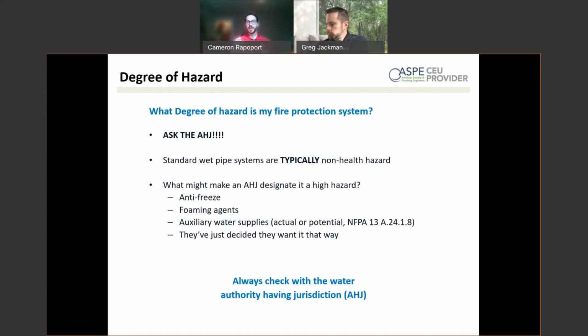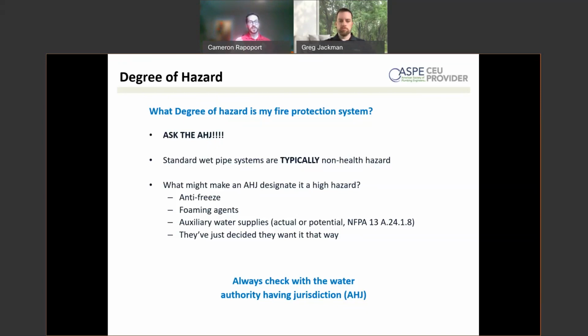So what I mean by that is, like you saw in that previous example, you're using seawater to fill a firefighting system. You could have an auxiliary water supply in the form of a reservoir, or a pond, which is obviously non-potable, or even just a tank that's open to the air. So the type of tank could actually matter there.